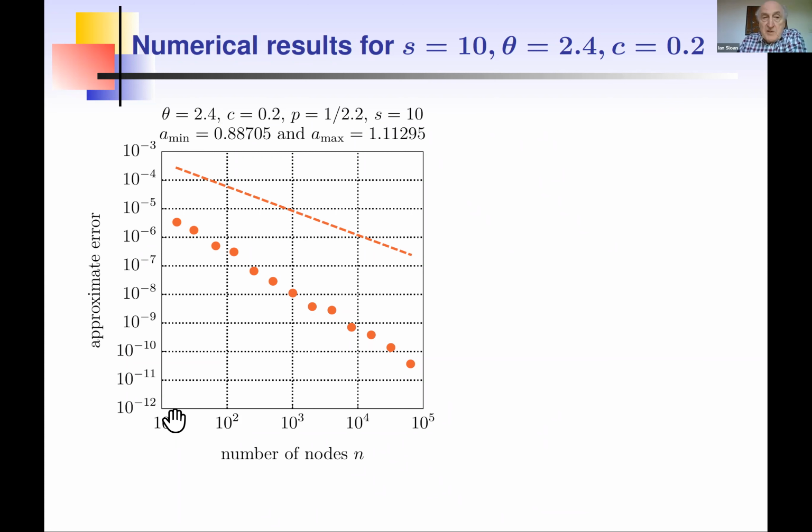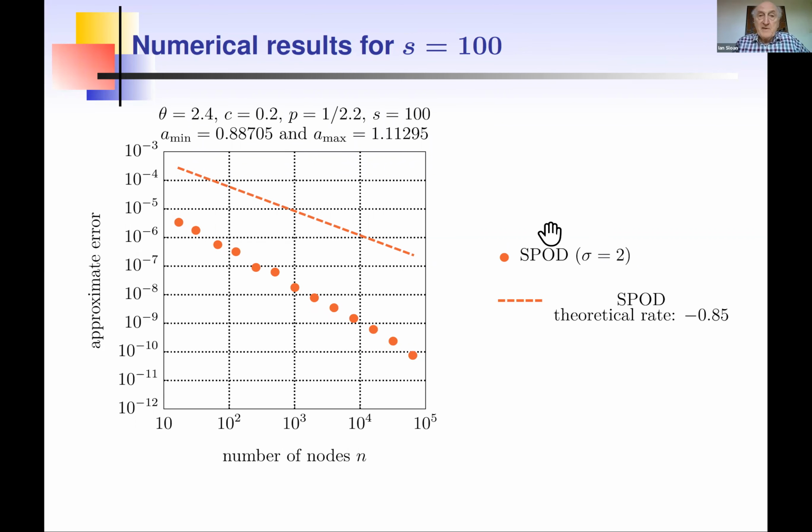Look, these are results which go up to perhaps 5 by 10 to the 4 number of points. And the error goes down very satisfactorily, the red dots. Up there is the predicted rate of convergence. Look, I show the same results for S equals 100, because now we can handle high dimensionality without any particular cost. This does, of course, tell us that that problem wasn't so hard. I mean, not really so high dimensional, because the results hardly change.